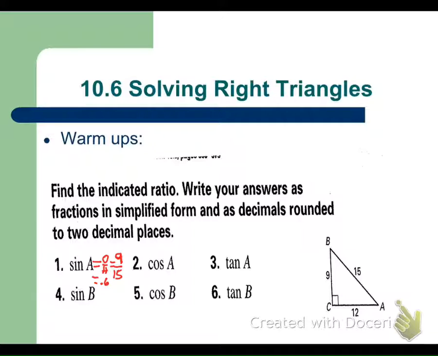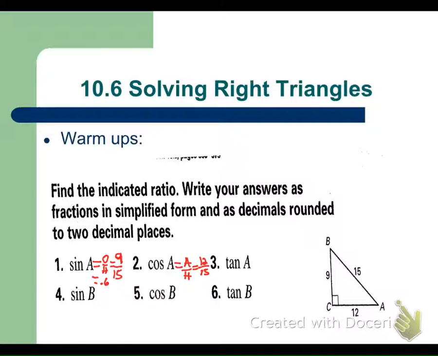Okay, cosine of A. So SOH CAH TOA, CAH: adjacent over hypotenuse. Which side is adjacent to A? 12 over your hypotenuse, which is 15.